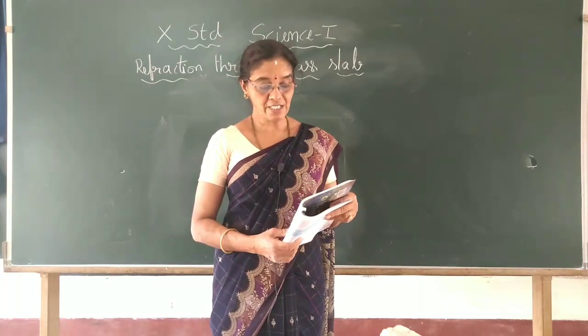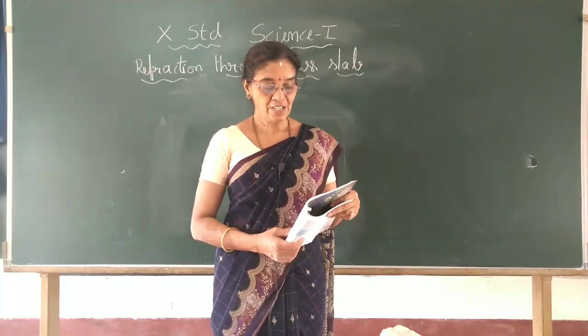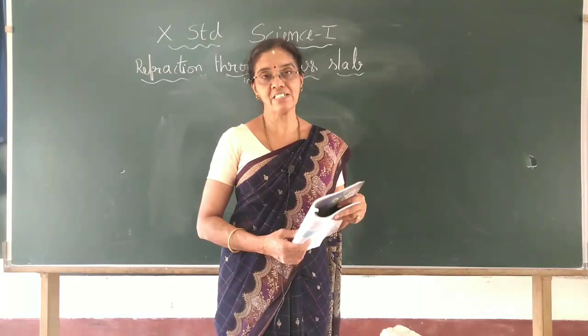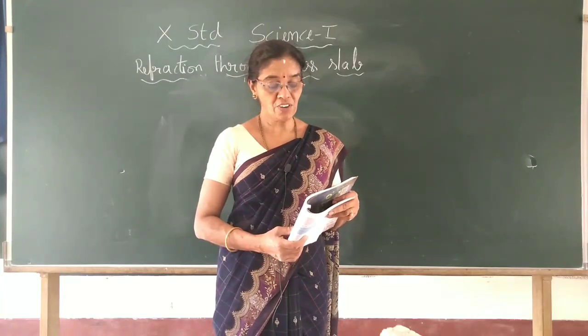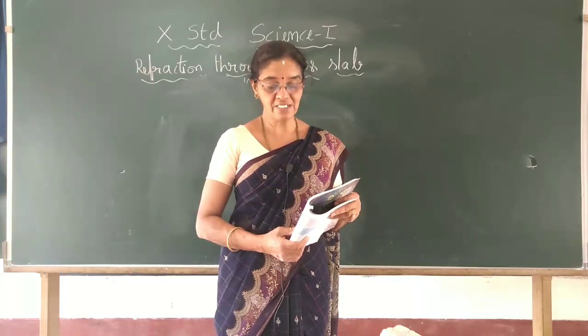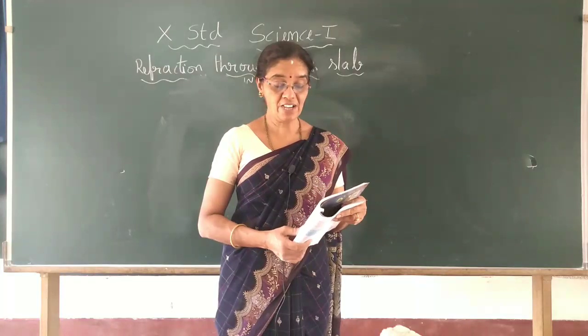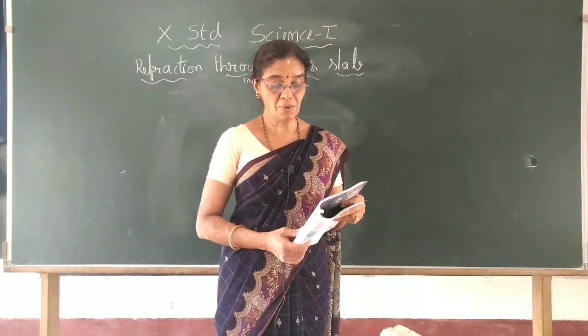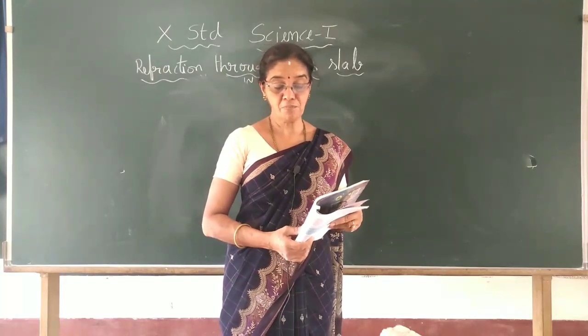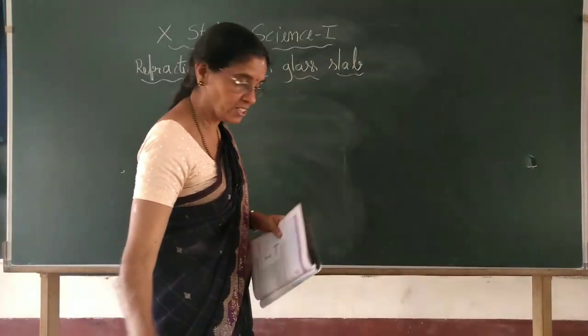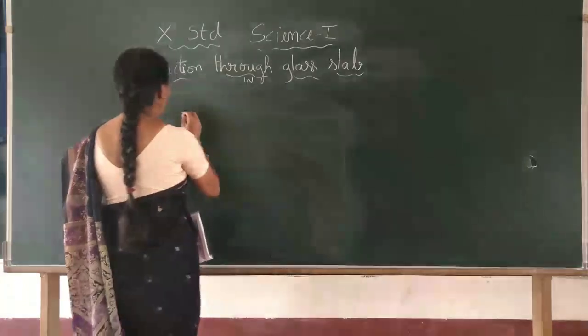Then the second question, we have not done. Light enters from air to glass having refractive index 1.50. What is the speed of light in glass? They have given the speed of light in vacuum, instead of air. It is 3 into 10 to the power of 8 meters per second. We will do that before proceeding.